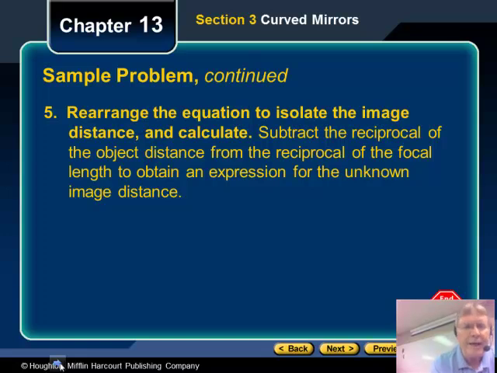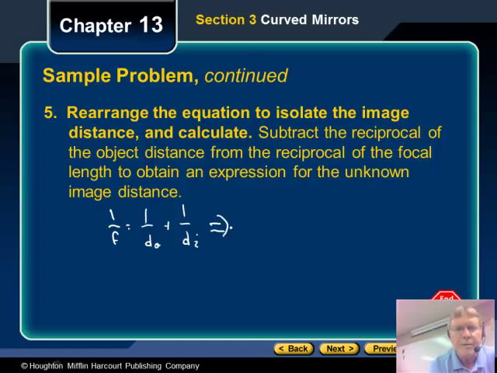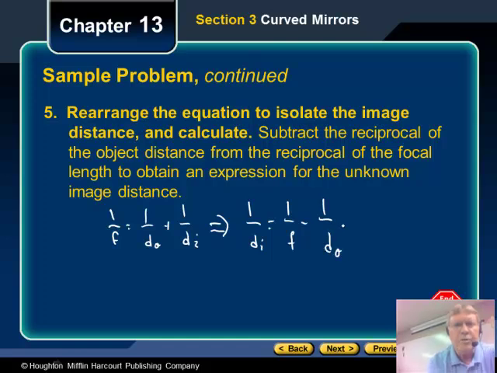Okay, so we have, start over again, 1 over F equals 1 over D O plus 1 over D I. We want to solve for the image distance, so that gives us 1 over D I equals 1 over F minus 1 over D O. That gives us 1 over 10 minus 1 over 30.